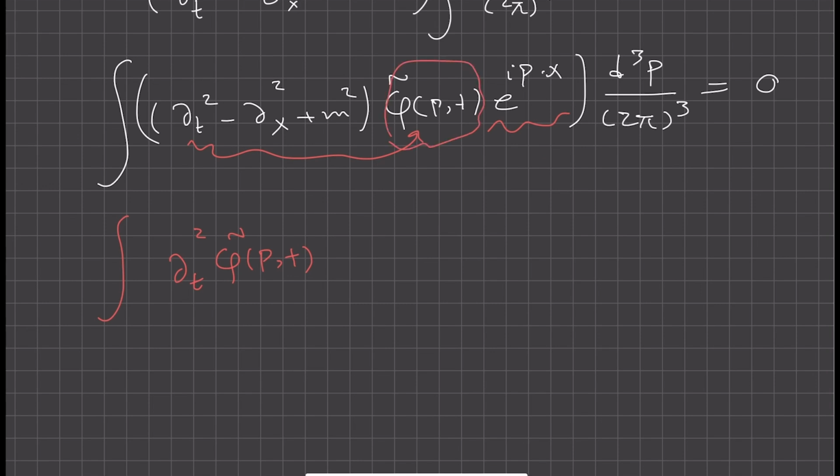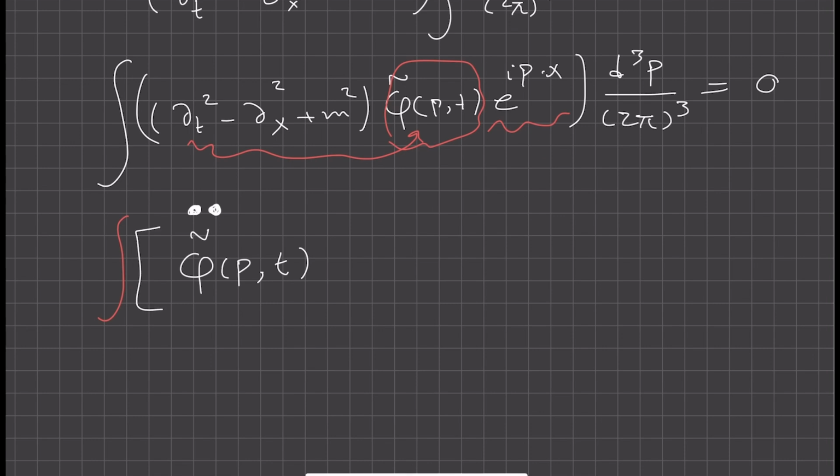So I'm writing down this Fourier component, phi tilde of p and t, and instead of the time derivative symbol, I would just write a double dot. So this is the double dot that we were thinking about in the simple harmonic oscillator.